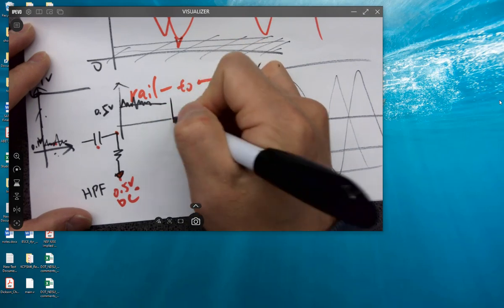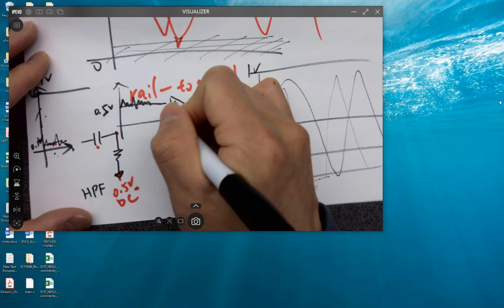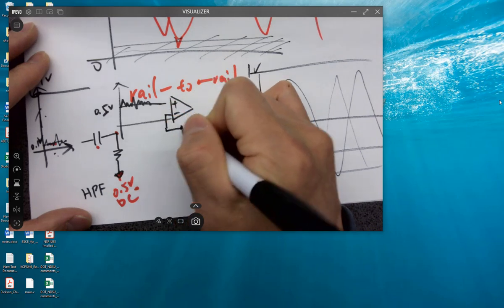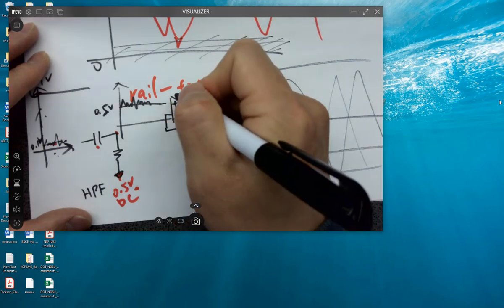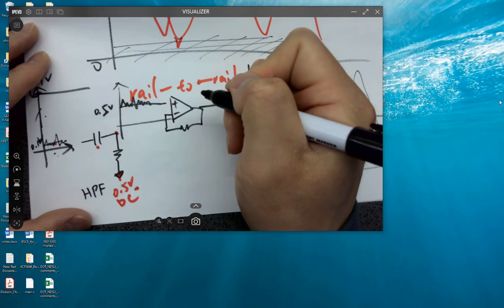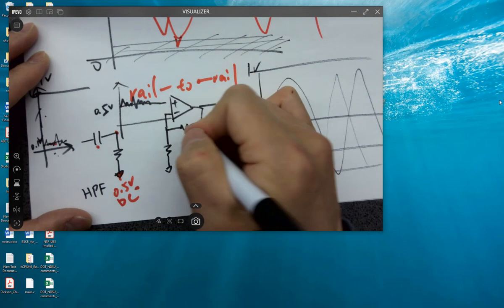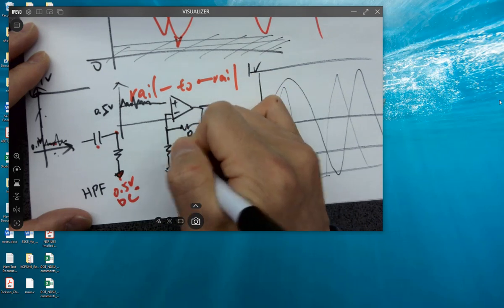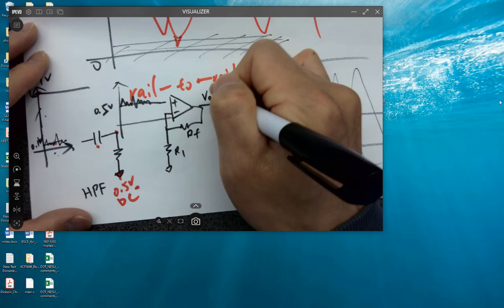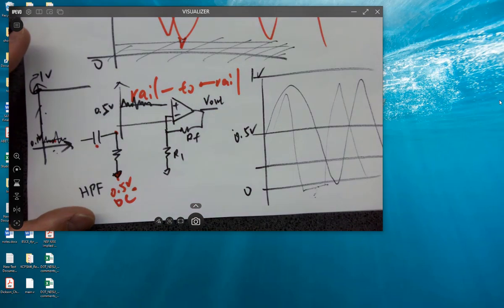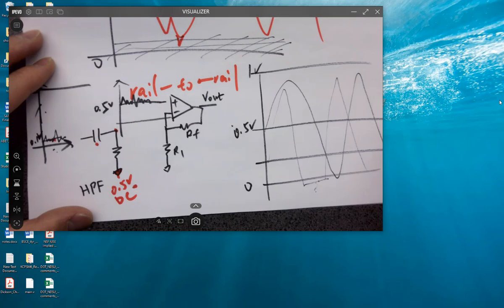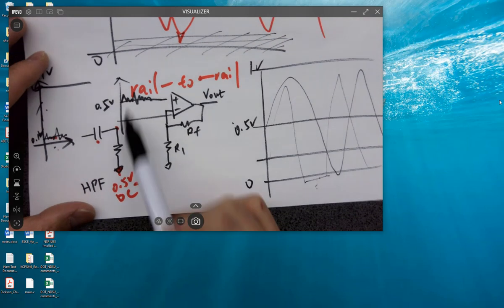It could be a non-inverting amplifier. It's RF, R1, VL. But you can add more stages depending on the need for the gain. But this is just the basic needs over here.